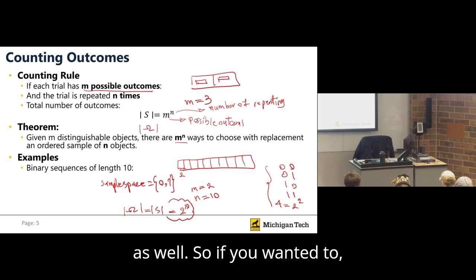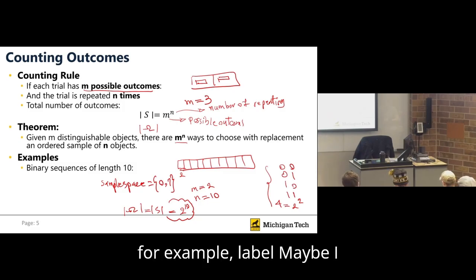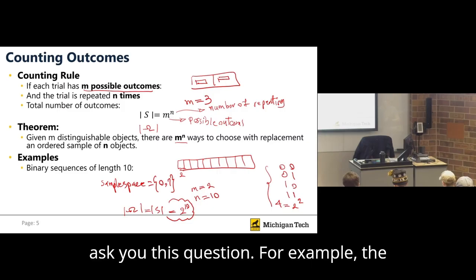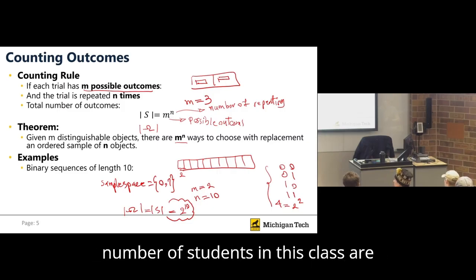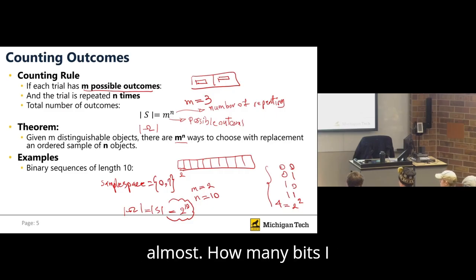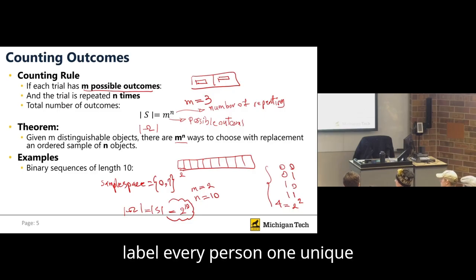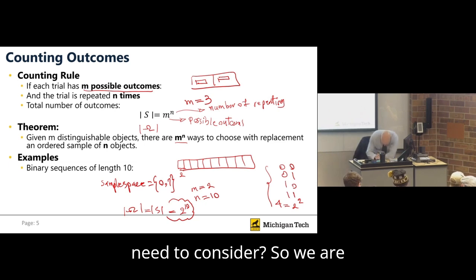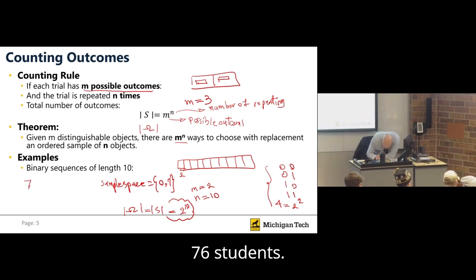So if you want to label, maybe I ask you this question. For example, the number of students in this class is 75 or 76, almost. How many bits can I consider to label every person with one unique binary number? How many bits do we need to consider? We are 76 students.